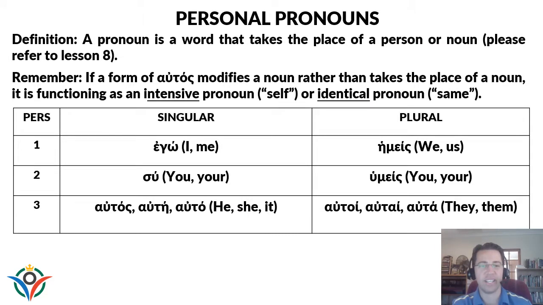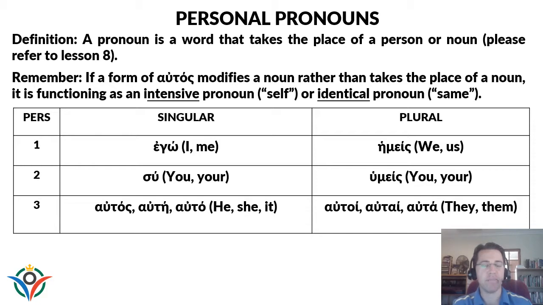Let's take a look at P in our acronym DRIP, which refers to personal pronouns. So let's begin with a definition. A personal pronoun is a word that takes the place of a person or noun. So please refer to Lesson 8 for more details regarding personal pronouns.